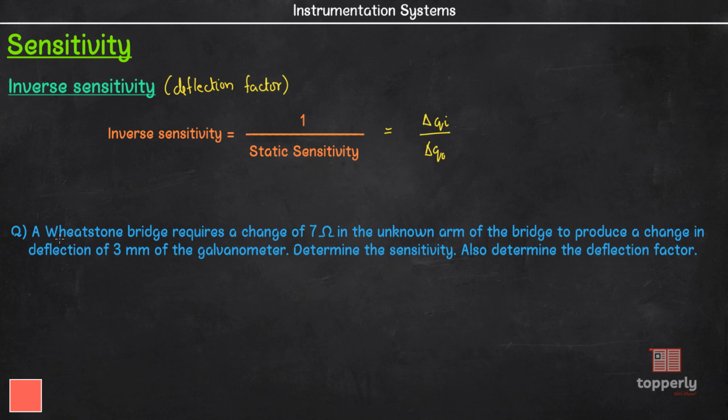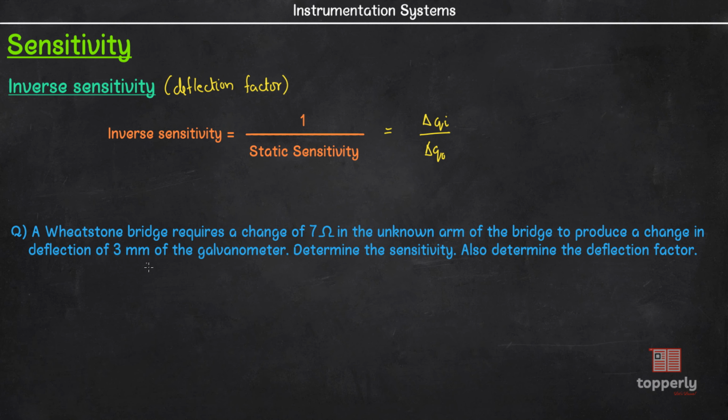A Wheatstone bridge requires a change of 7 ohm in the unknown arm of the bridge to produce a change in deflection of 3 mm of the galvanometer. Determine the sensitivity. Also determine the deflection factor. So here the change in input quantity is 7 ohm and the change in output quantity is 3 mm.